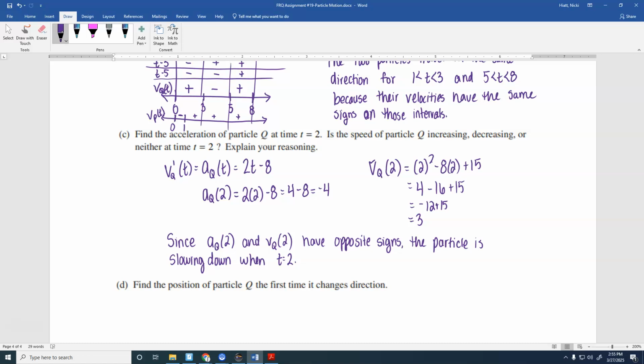Okay, questions? All right, last part asks for the position of particle Q the first time it changes direction. So, if we're looking for particle Q, what did they give us for particle Q?